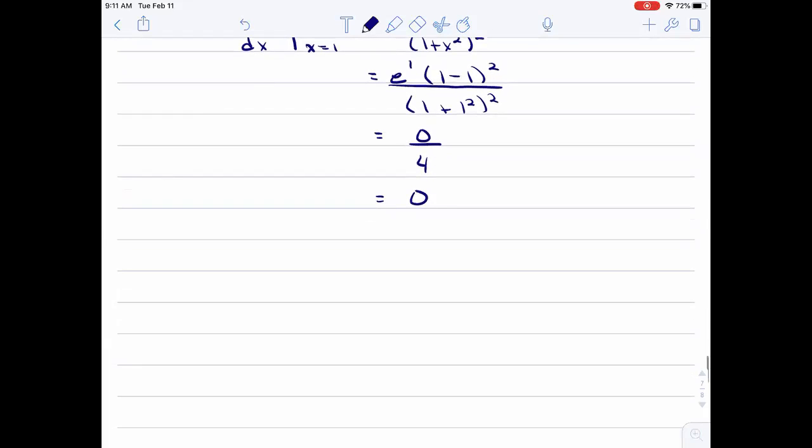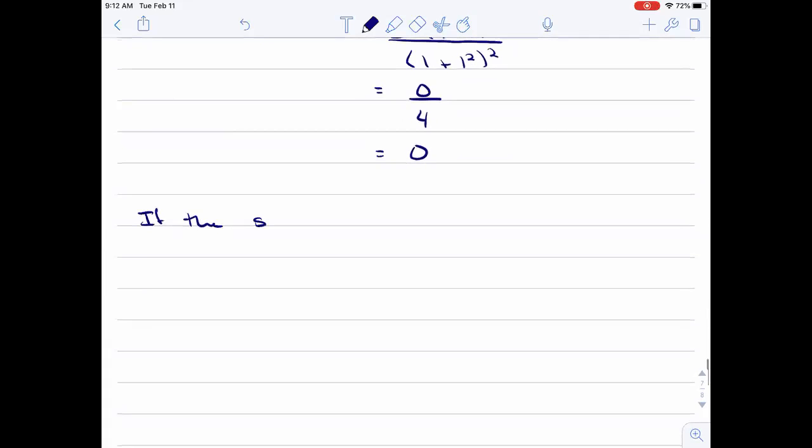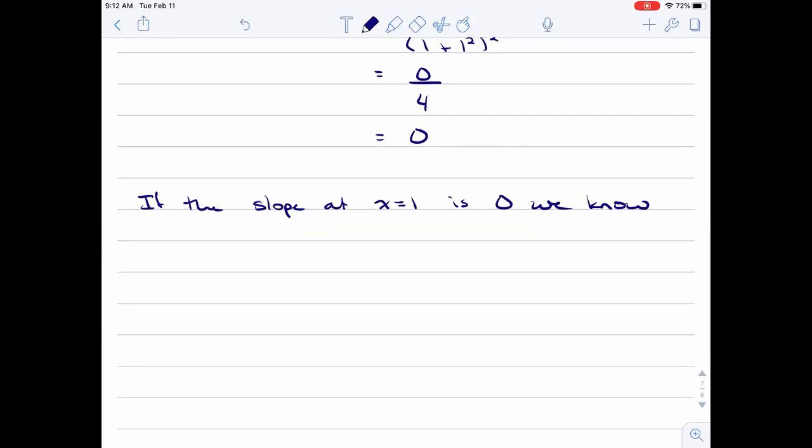So if the slope at x equals 1 is 0, we know we have a horizontal tangent line, whatever it looks like.